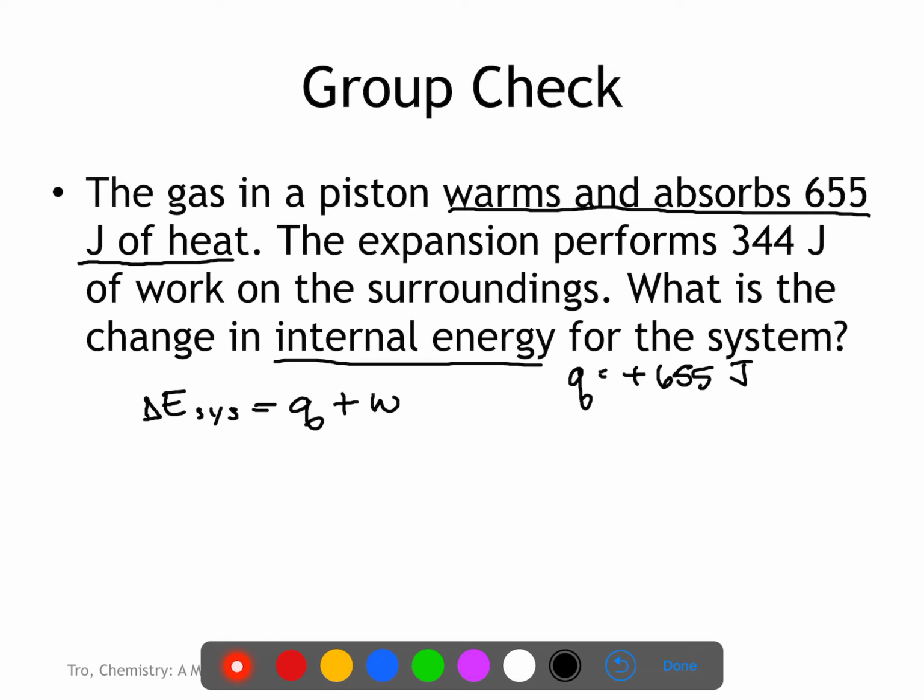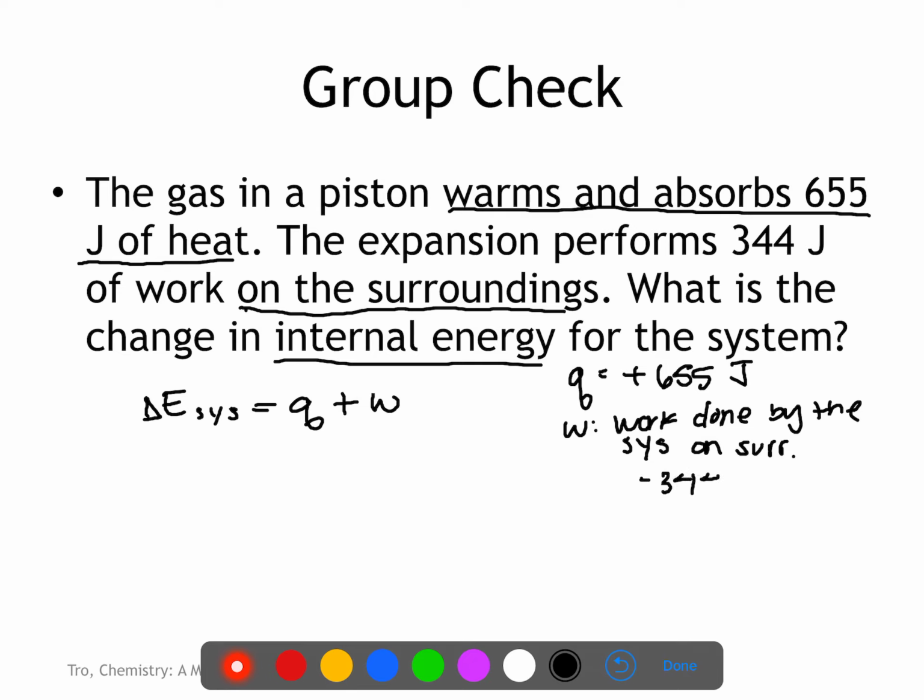Then it says the expansion performs 344 joules of work on the surroundings. So work is being done by the system on the surroundings.